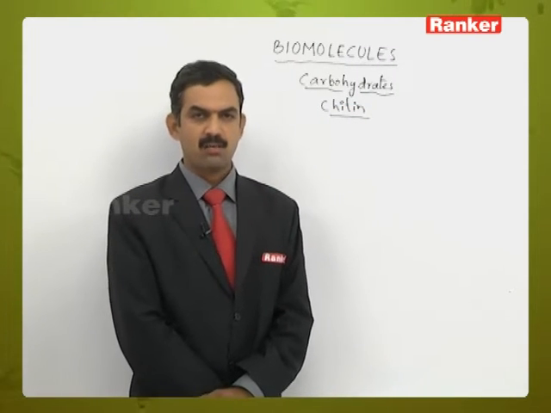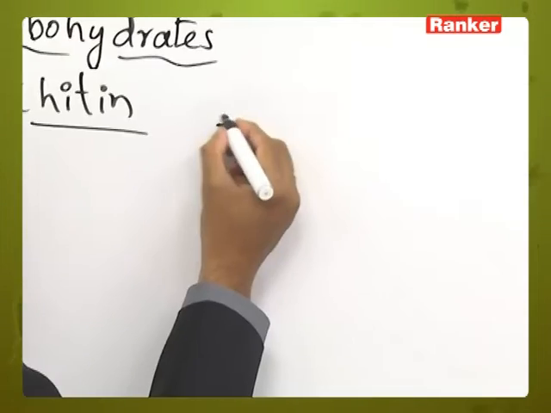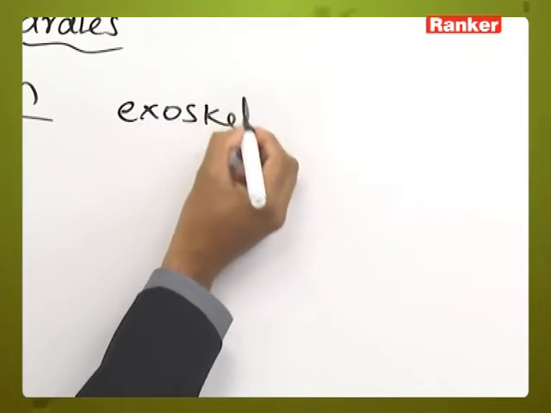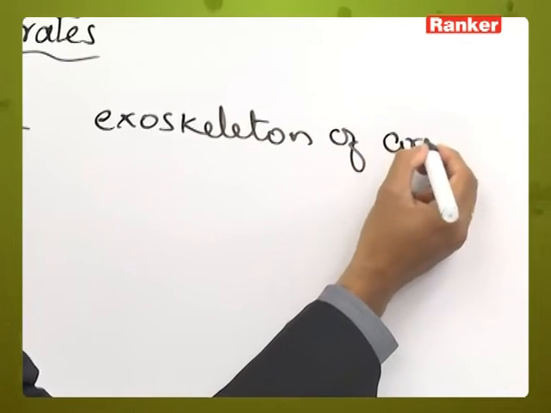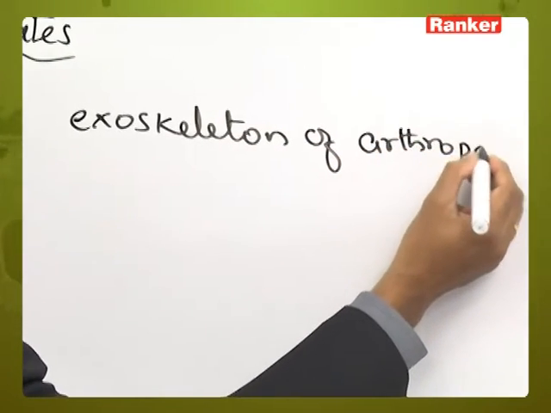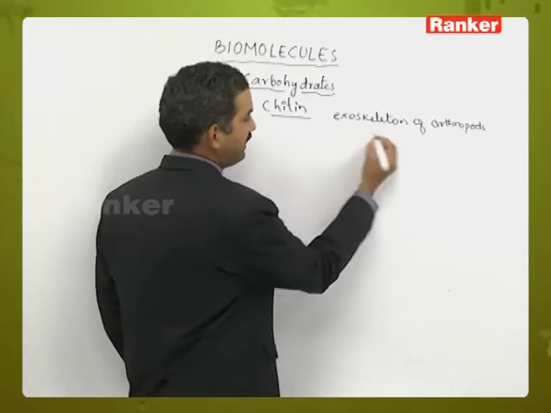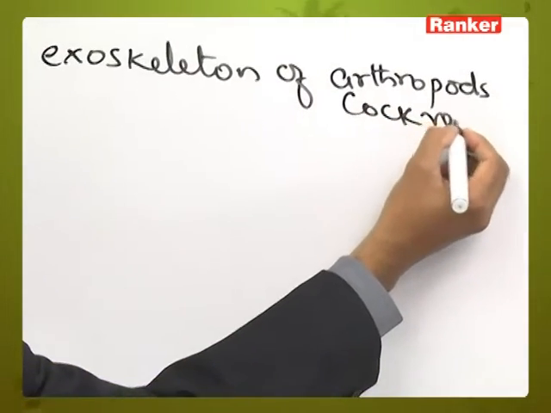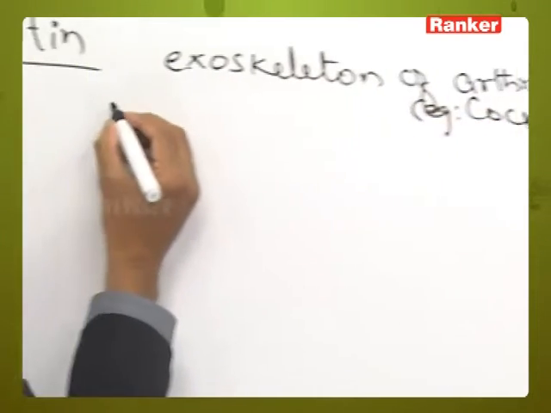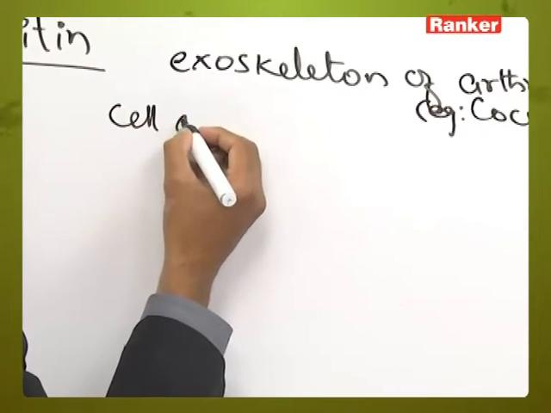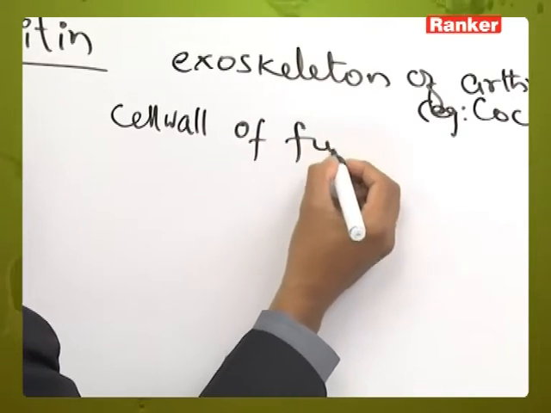Chitin is a structural polysaccharide molecule which is present in the exoskeleton of arthropods, particularly in examples like the cockroach, and also in the cell wall of fungi.